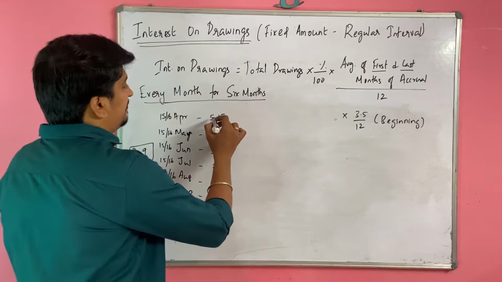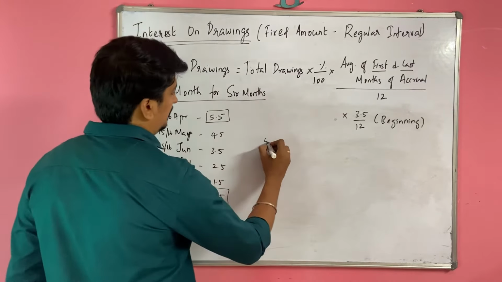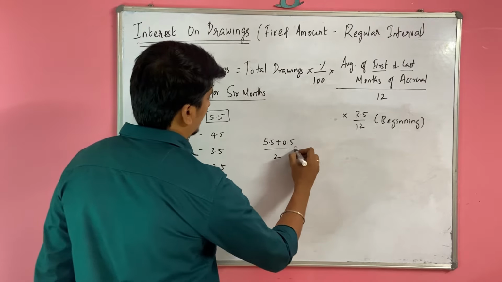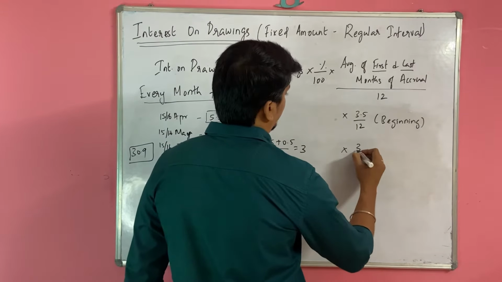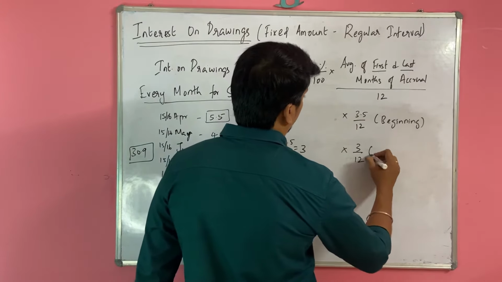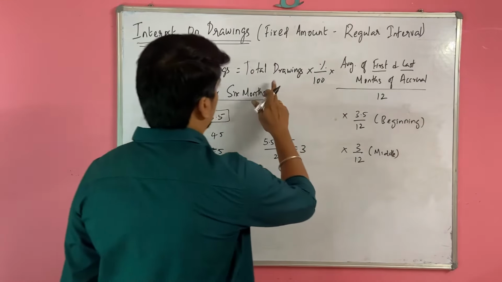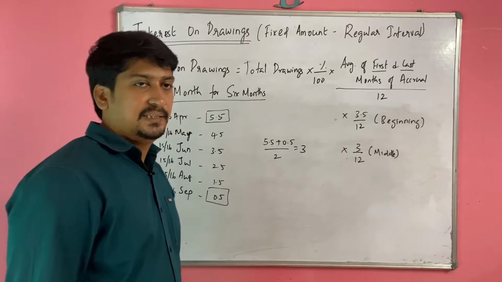The average we want is only first and last, which comes to 5.5 plus 0.5 divided by 2, that is 6 by 2, 3. So if it is the middle of every month for 6 months, take the total drawings, percentage by 100, and multiply by 3 by 12. You will get the answer.